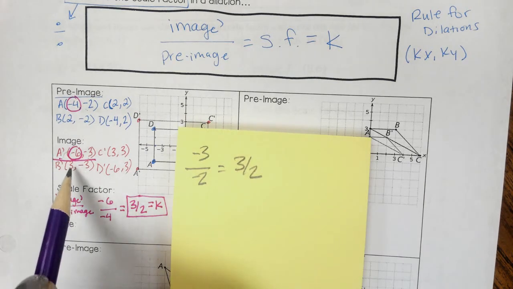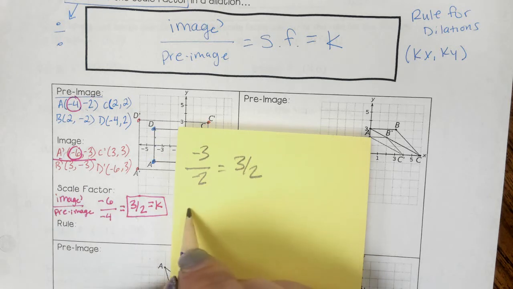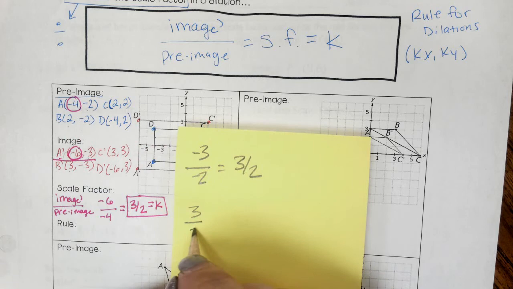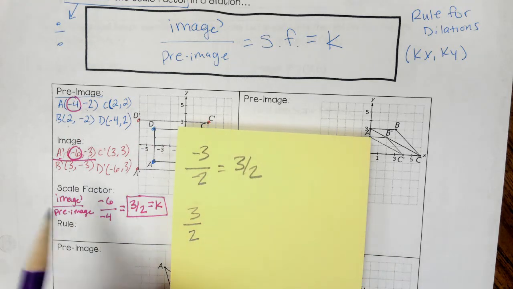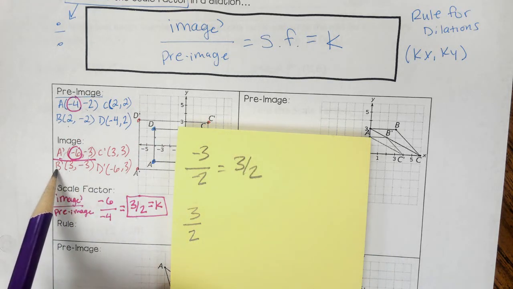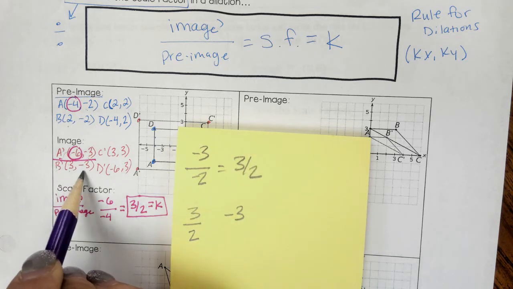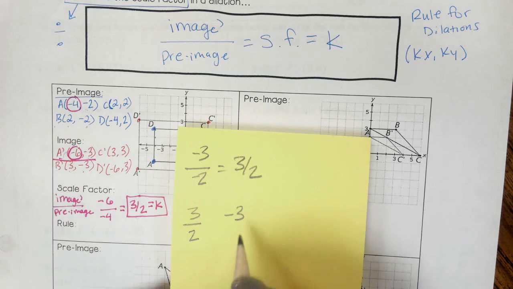If we had chosen the x value from B prime, we would use a 3 in the numerator and a 2 in the denominator. The x value from B is 2, which is 3/2. If we had picked the y value from B prime, we would have used a -3. That means the y value from B, -2, which reduces to a positive 3/2.